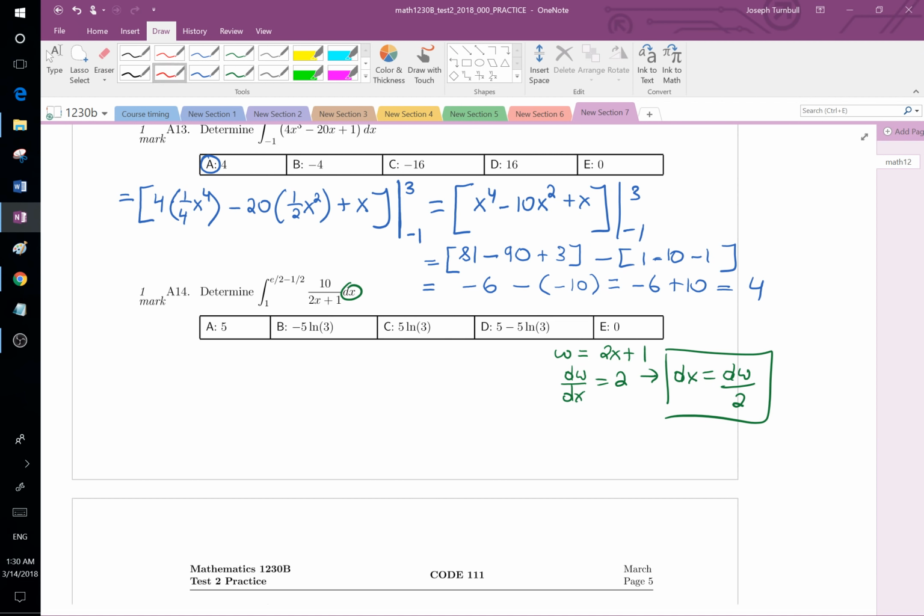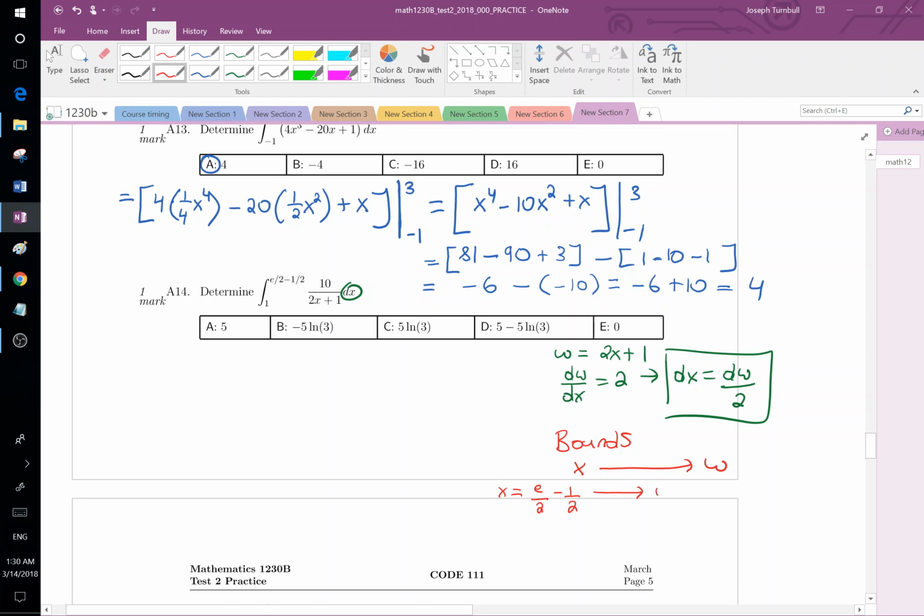Now for the bounds. We're going from the x variable to the w variable. The top bound says x is equal to e over 2 minus 1 over 2.